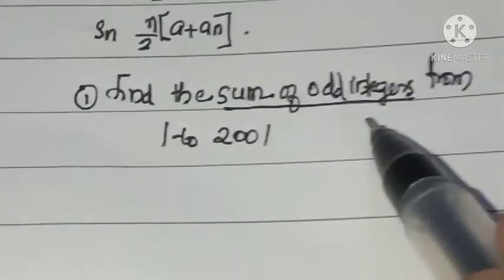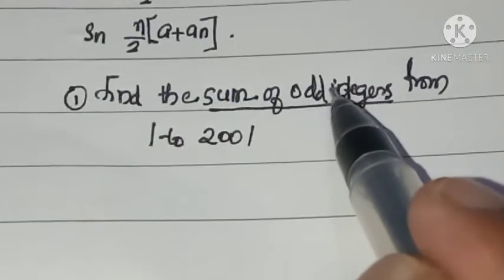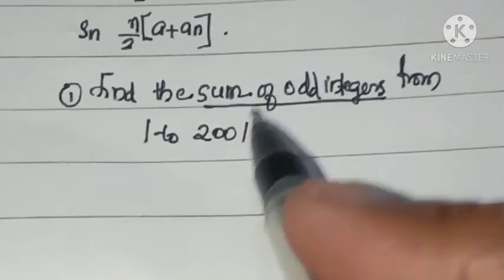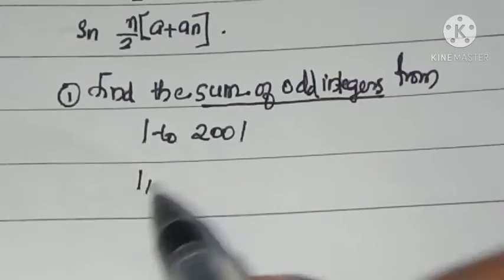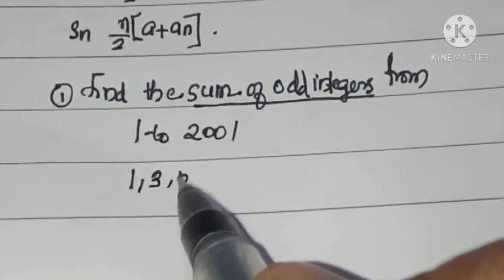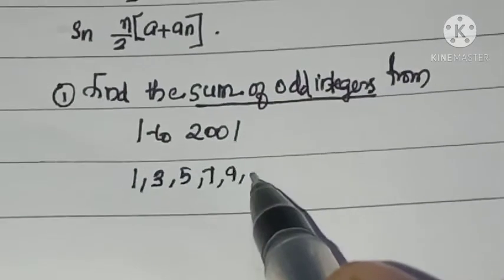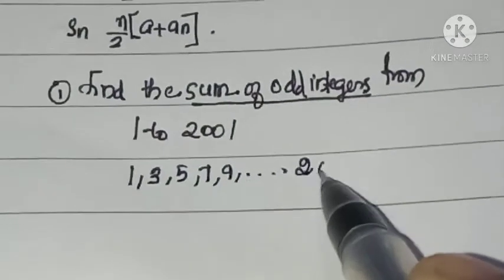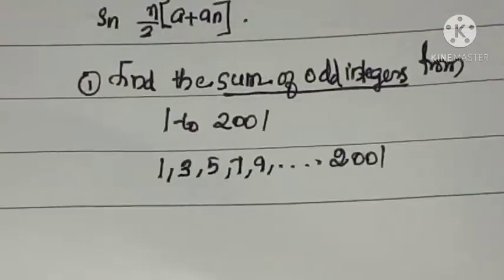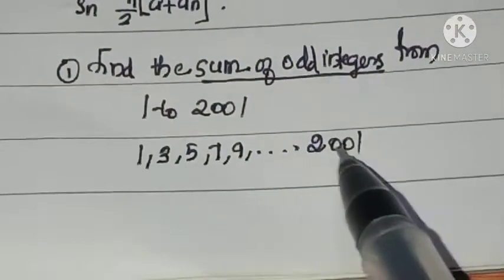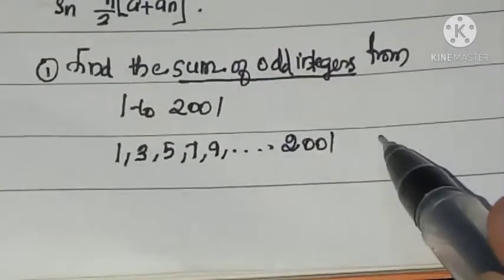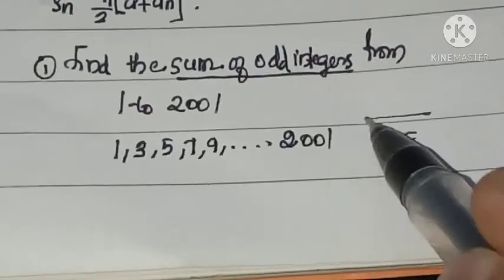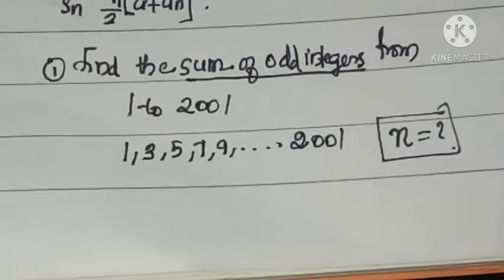So first we need to find how many odd numbers there are. Listen, the odd numbers are 1, 3, 5, 7, 9, etc., up to 2001. Okay, so these are the odd integers. First we need to find how many odd integers there are from 1 to 2001.